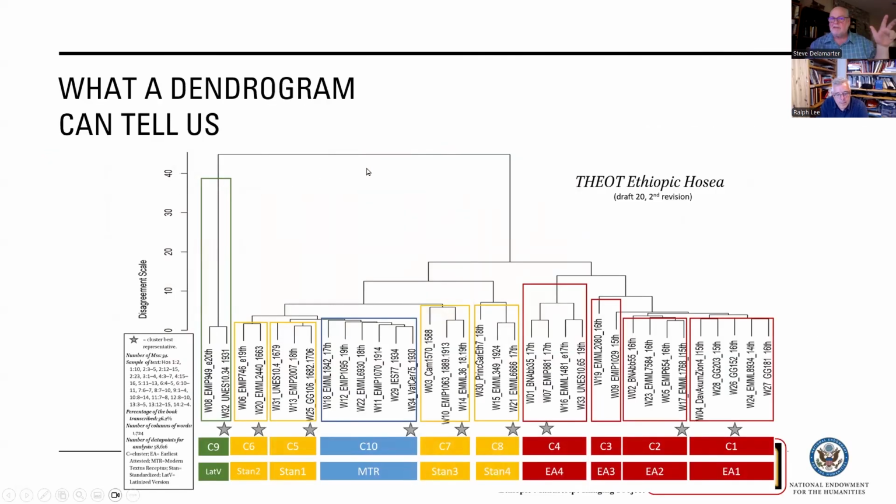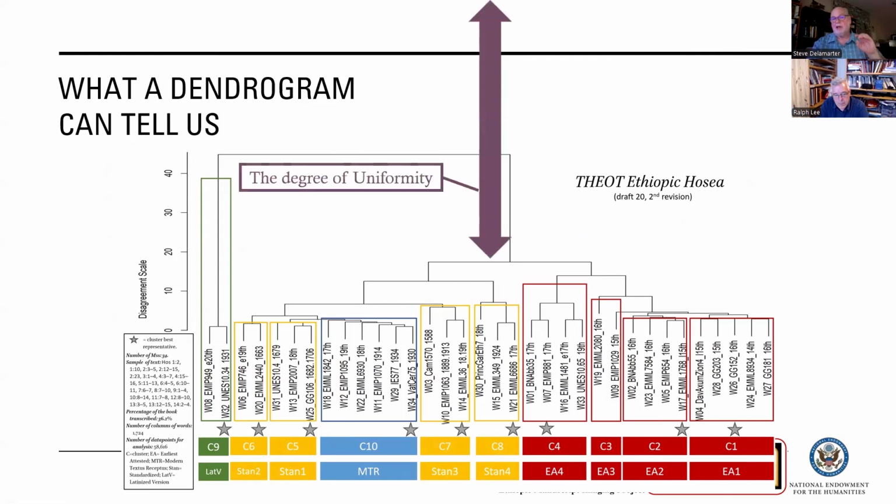We've learned in previous videos about what dendrograms can tell us, and we won't do the whole thing here, but just to refresh some of the really cool things. Dendrograms give us the idea of the big movements in the textual history. So, for instance, the degree of uniformity in the tradition.